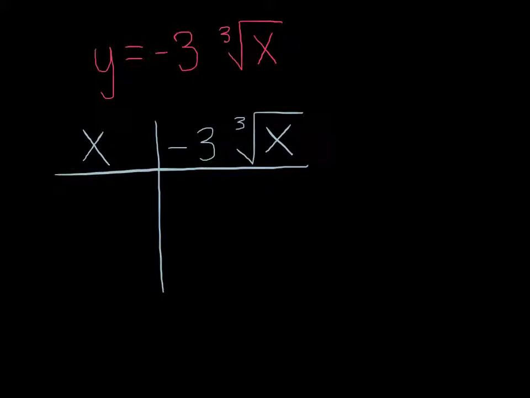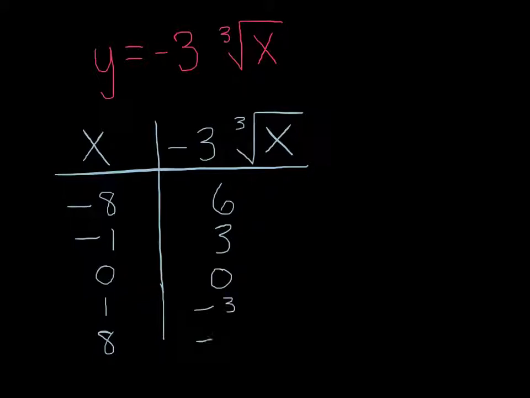So the x values that we're going to use are the same as the ones that we used in the last function: -8, -1, 0, 1, and 8. And when you plug these x values in, you're going to get 6, 3, 0, -3, and -6.